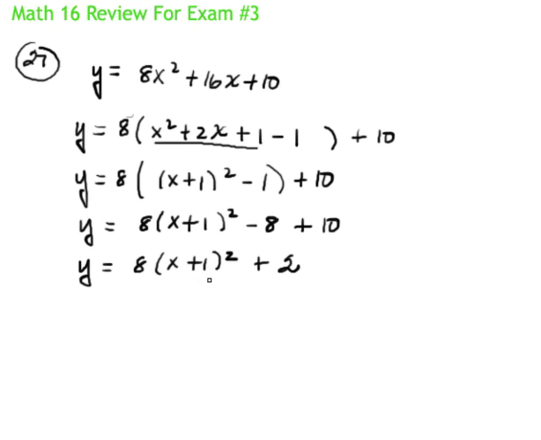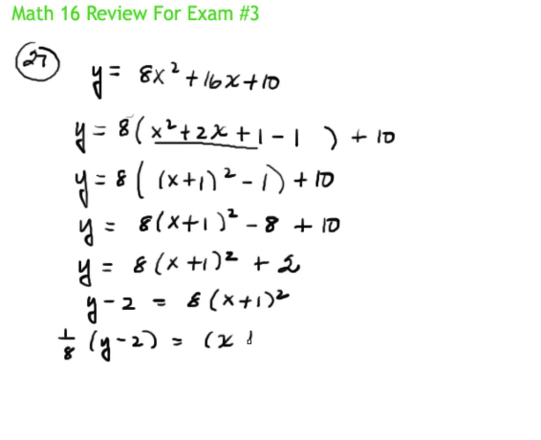Now we're going to isolate the square term, the x plus 1 squared. So let's write y minus 2 is equal to 8 times x plus 1 squared, and now divide by 8. So we have 1/8 times y minus 2 is equal to x plus 1 squared.